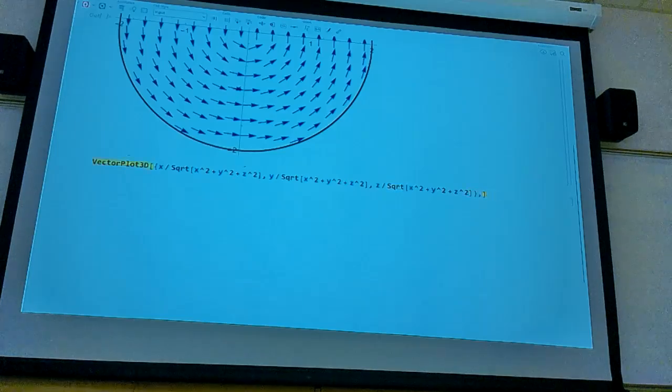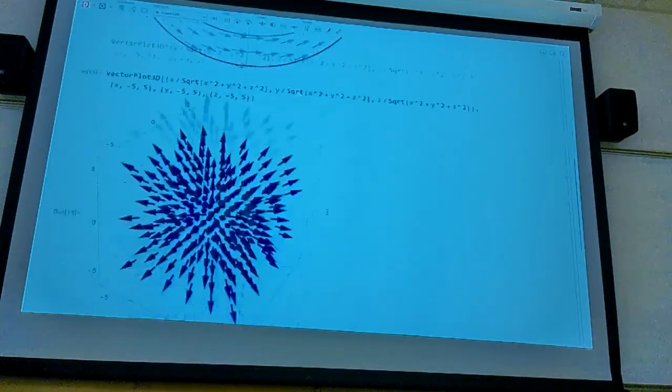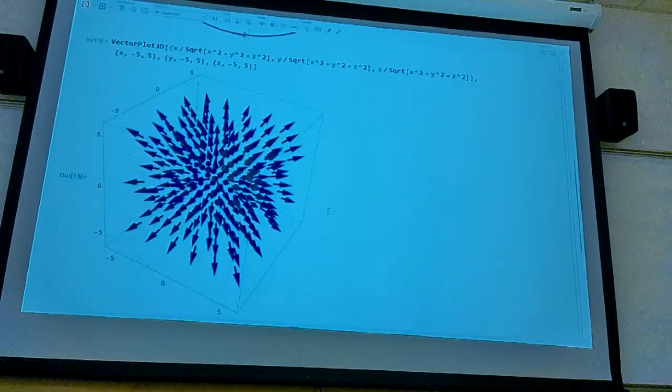And then give intervals for x, y, and z. And then you can just do a bunch of options.